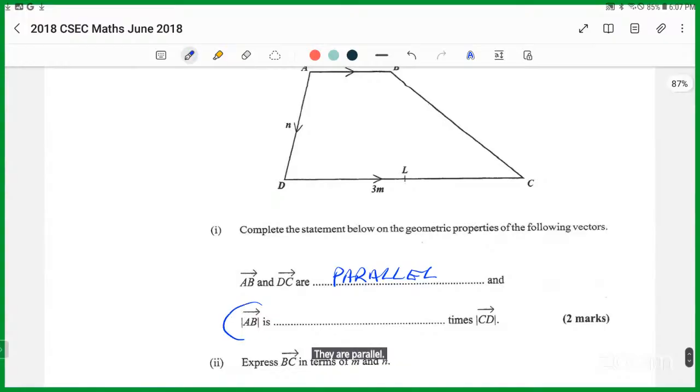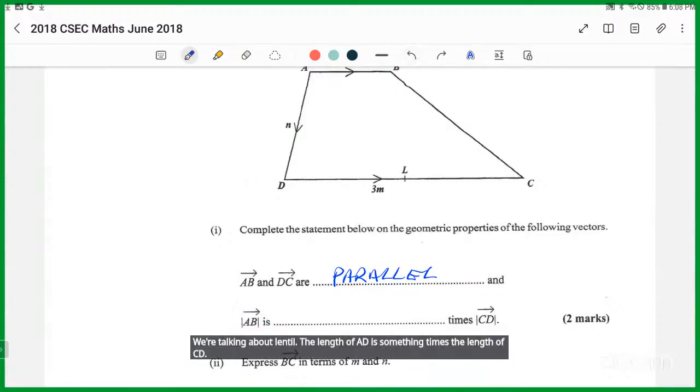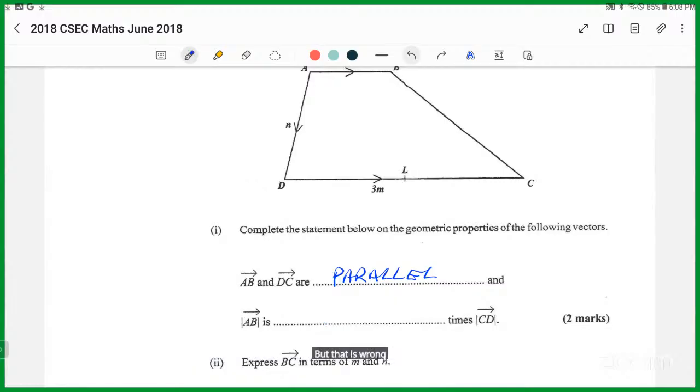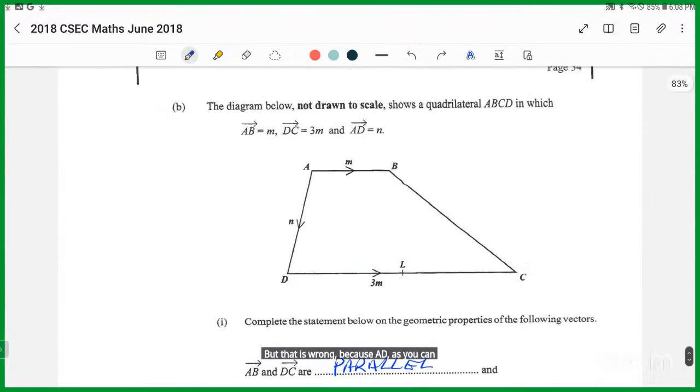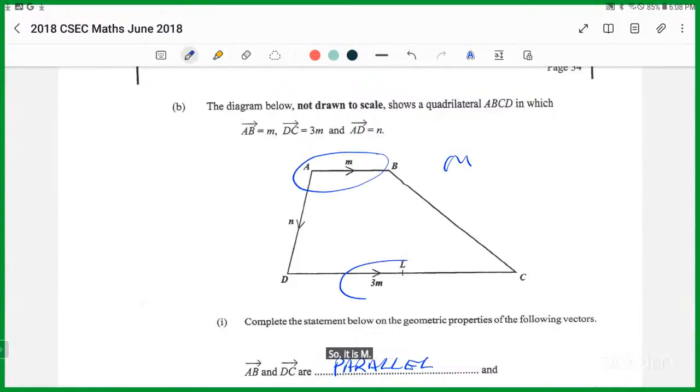We're just talking about length now. The length of AD is something times the length of CD. You have to be careful. A lot of people want to put 3 times, but that is wrong, because AD, as you can see, is the shorter one. So it's not 3 times, it's 1/3. The length of AD is M, and the length of this side is 3M. This is 1/3 of this one.